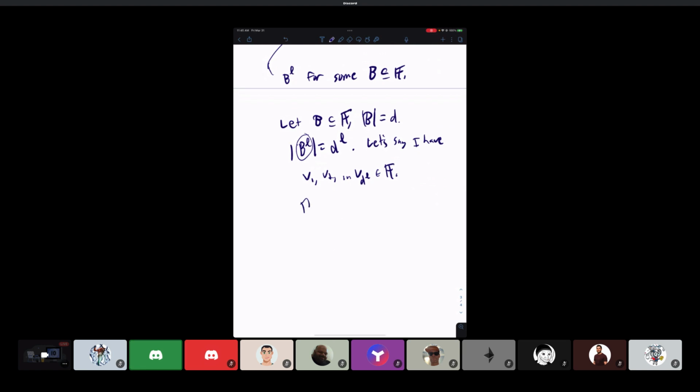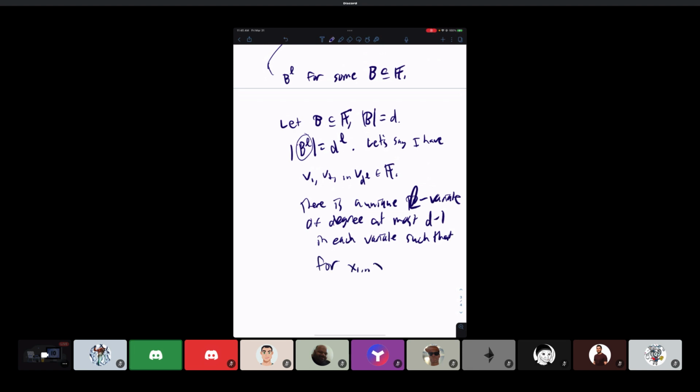So the statement is there is a unique L-variate polynomial of degree at most, I guess it would be D-1 in each variable, such that for x1 up to x_{D^L} in B to the L, P of x_i equals v_i.